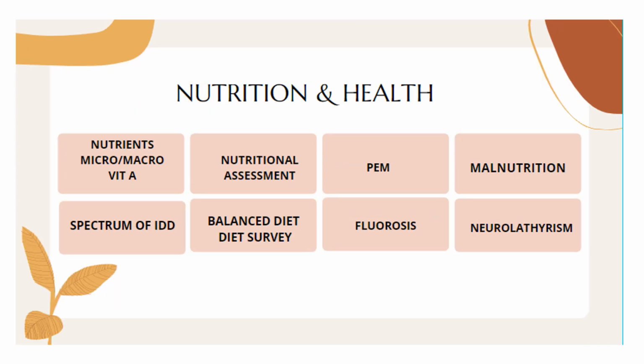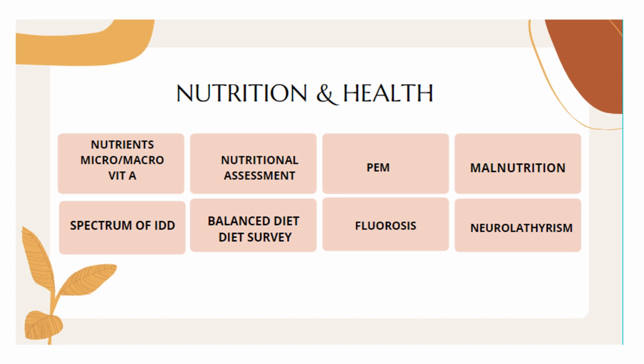Coming to nutrition and health, you should know the different types of nutrients, the micro ones, the macro ones. And here another important one is vitamin A, in context of measles, malnutrition, what's the role it plays.